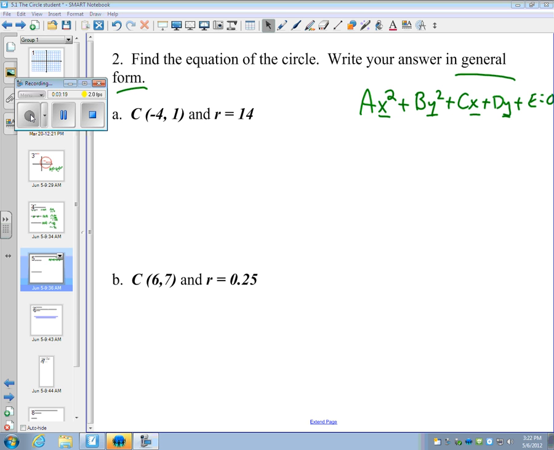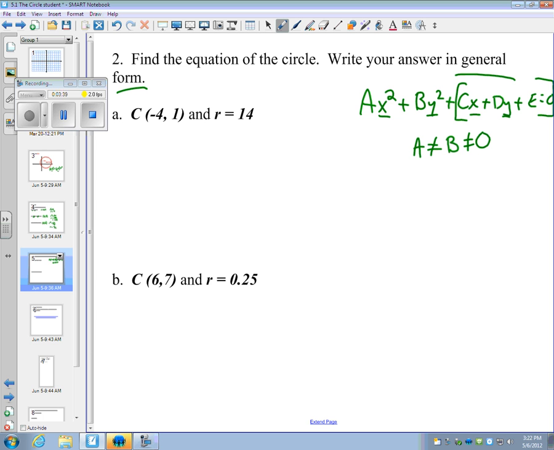Just to add to that, in order for it to be a circle, A and B cannot be 0. Because if they were equal to 0, it's like not even having those terms, and then we would just have something that looks like this, which is a line.